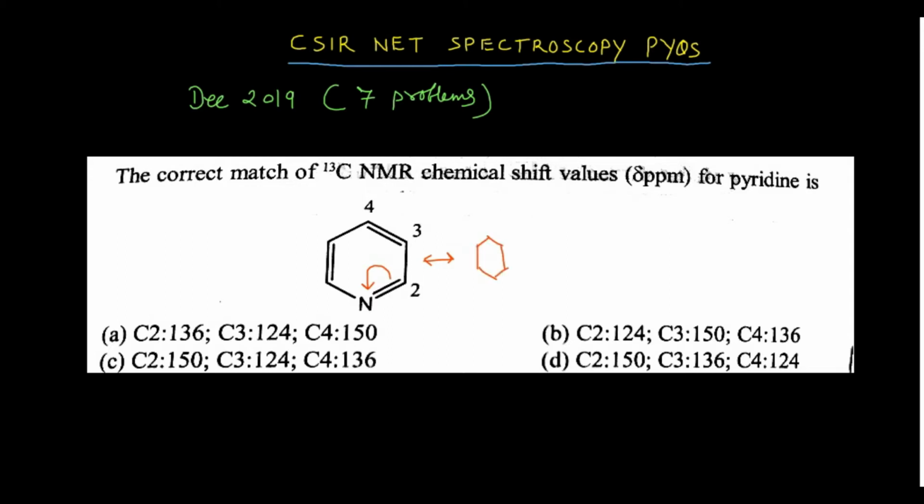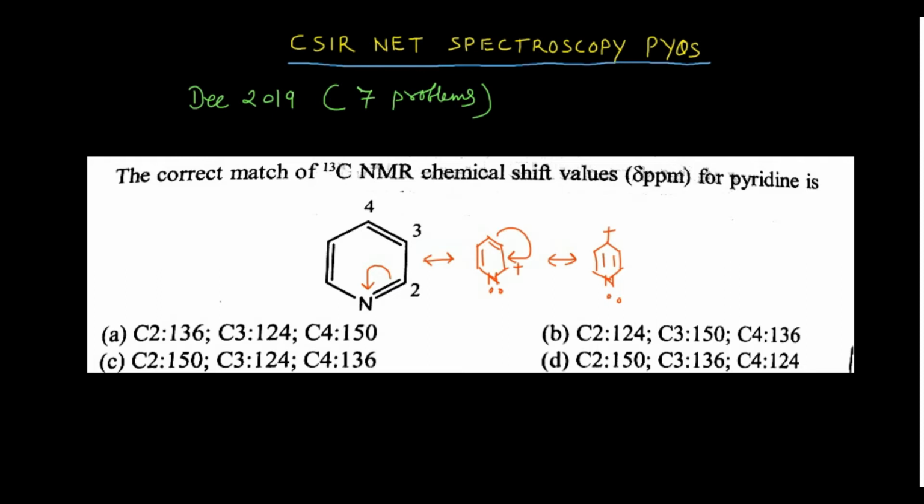This is nitrogen with its lone pair, and this carbon would now be positively charged. After that the pi bond comes here and you make this structure, with a positive charge over there, and of course the nitrogen is here. So you will draw these 3 structures. I hope it is clear to you.